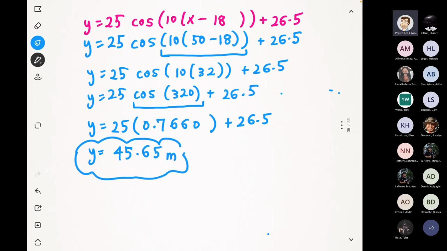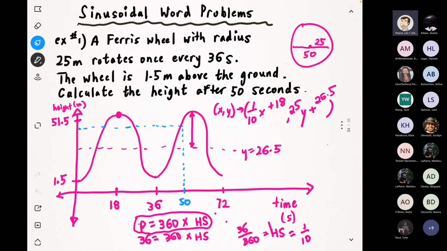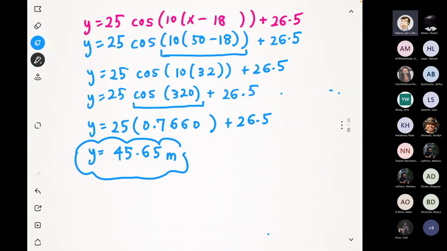And that's somewhere around what we predicted. Looking back at the graph, we predicted that at 50, it's going to be a little bit below 51.5. An answer of 45 or 46 or so seems appropriate for this. And of course, it is a word problem, so we want to express our height in meters.